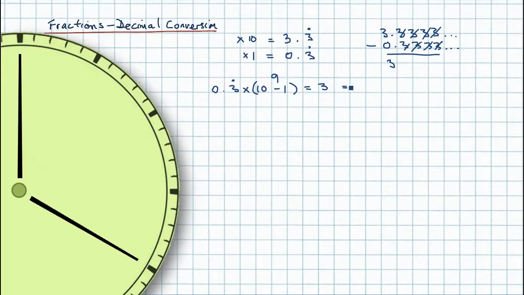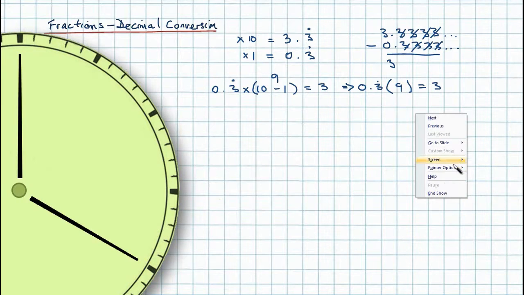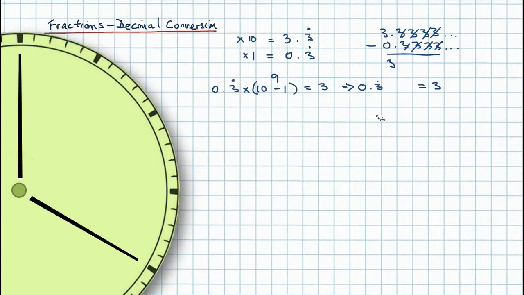And if I rewrite that, that gives us 0.3 recurring, don't need the times symbol now, we'll just use brackets, times 9 equals 3. I think people are more familiar with this format, so let's just write it out like this.